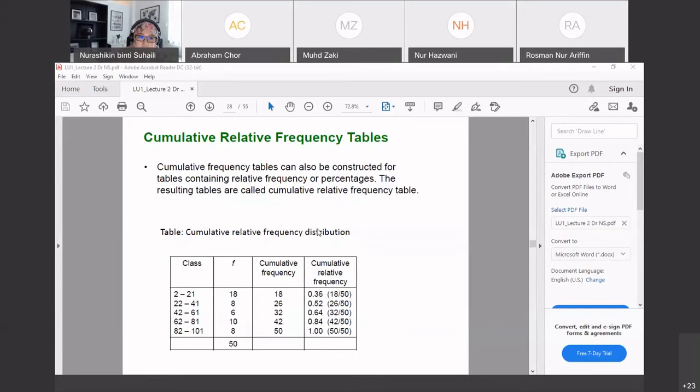Okay, so that's median. Mode is the value which occurs with the greatest frequency.